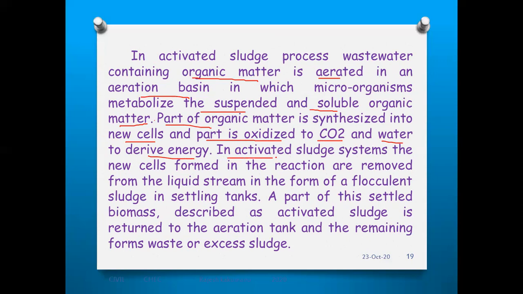Next, in activated sludge systems, the new cells which are formed in the reaction are removed from the liquid stream in the form of flocculent sludge in the settling tanks. A part of this settled biomass is described as activated sludge. So keep in mind, the settled biomass, which we call sludge, is settled at the bottom.